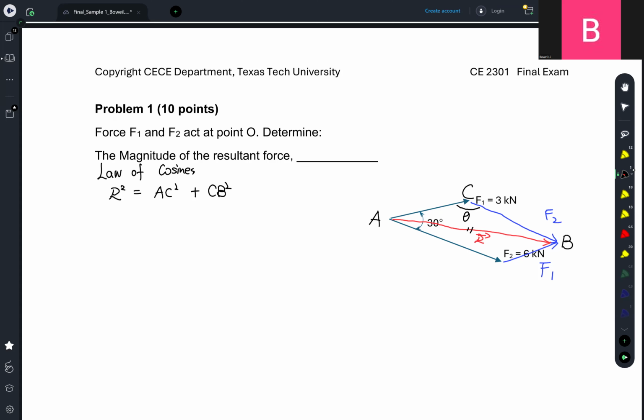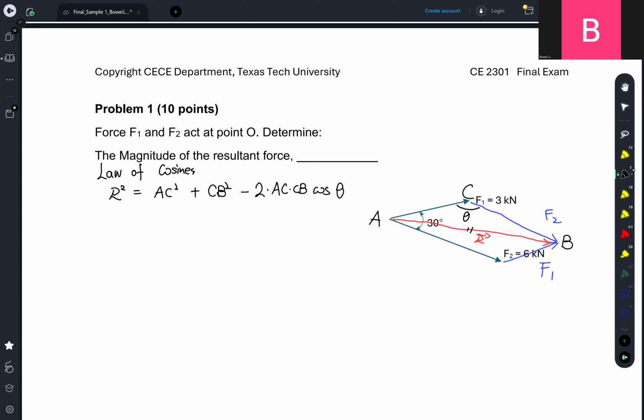AC and CB are the adjacent sides of the angle theta, the opposite angle. Minus 2 times the product of the two sides times cosine of theta here.